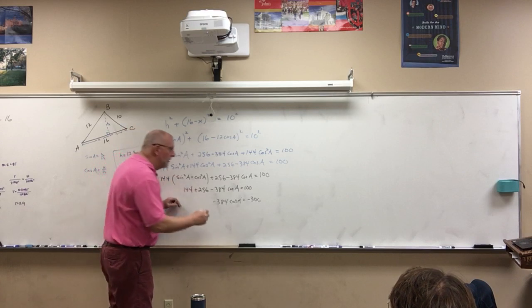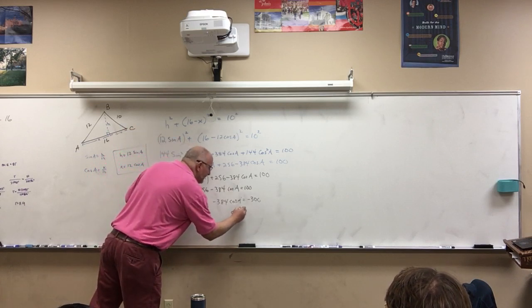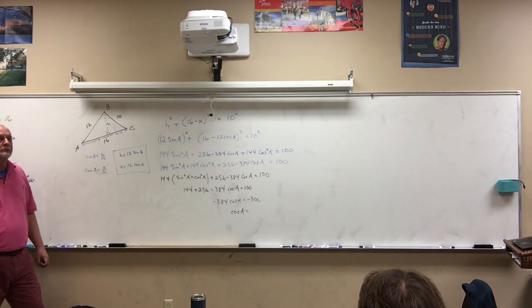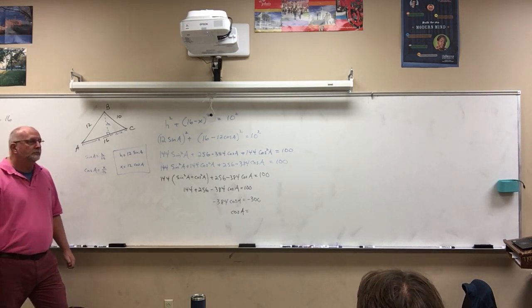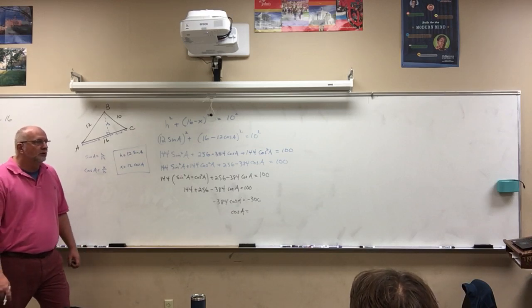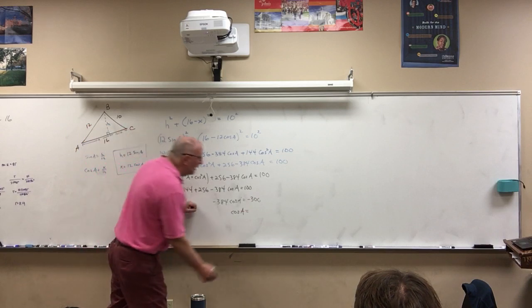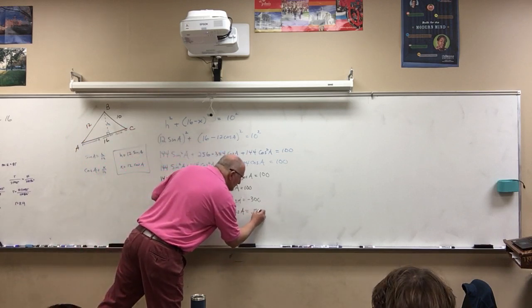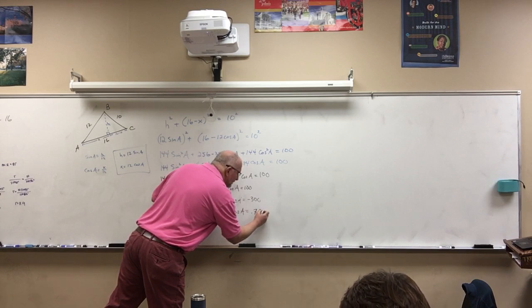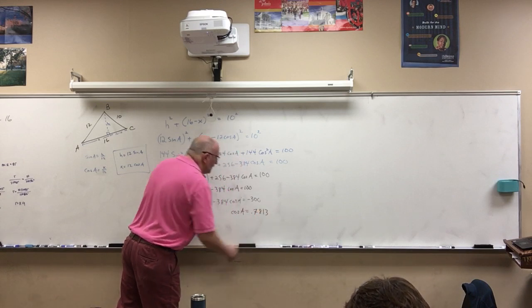And that gives me cosine of A equal to a decimal, 0.78125.